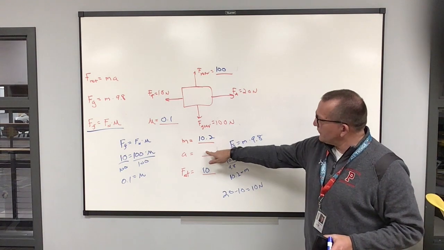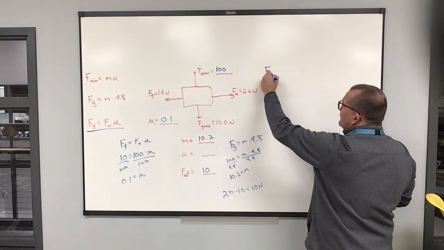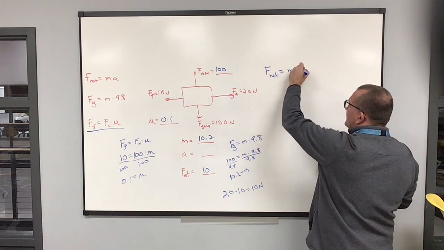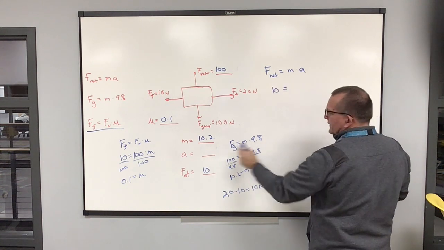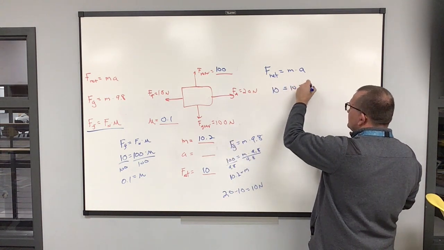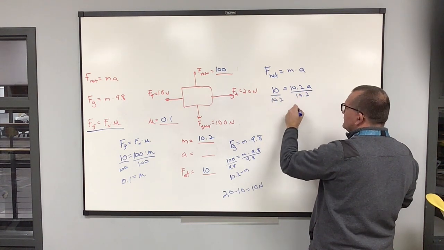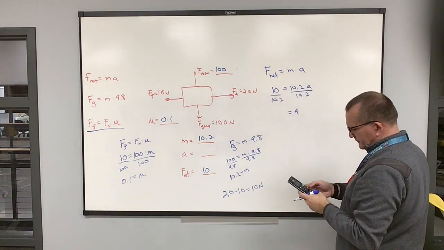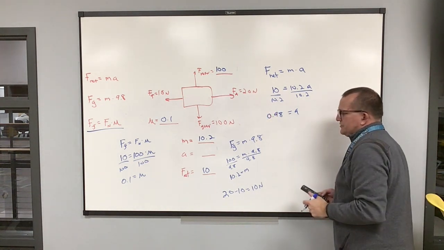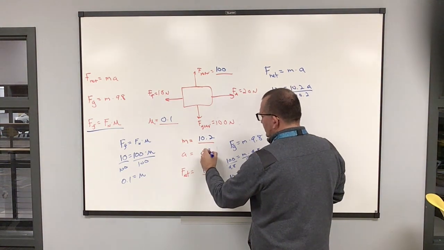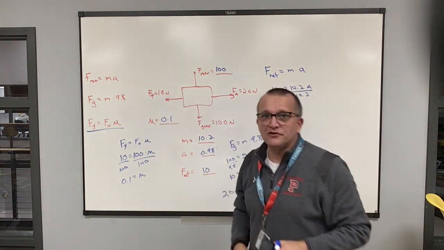And then to find my acceleration, I use this equation, Newton's second law. Force net equals mass times acceleration. Net force, 10. My mass, 10.2. Divide everything by 10.2. My acceleration is 0.98. So just like the first one, except we just added coefficient of friction.